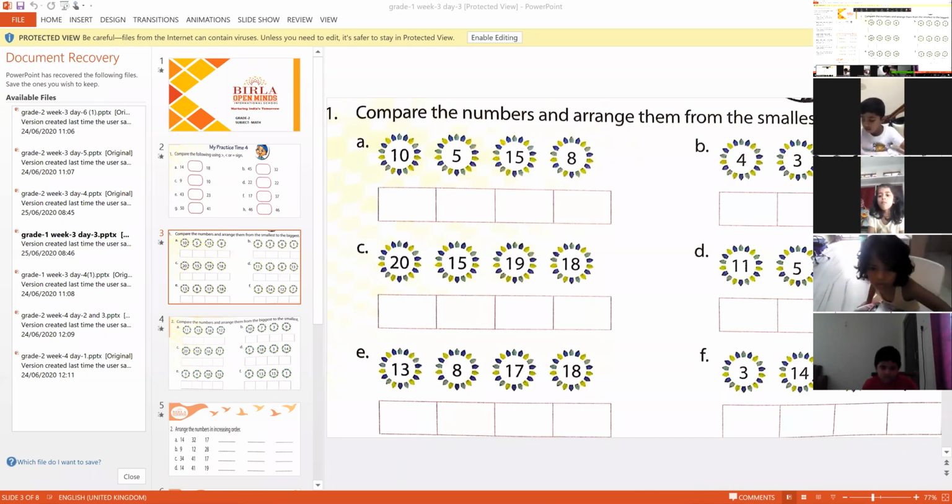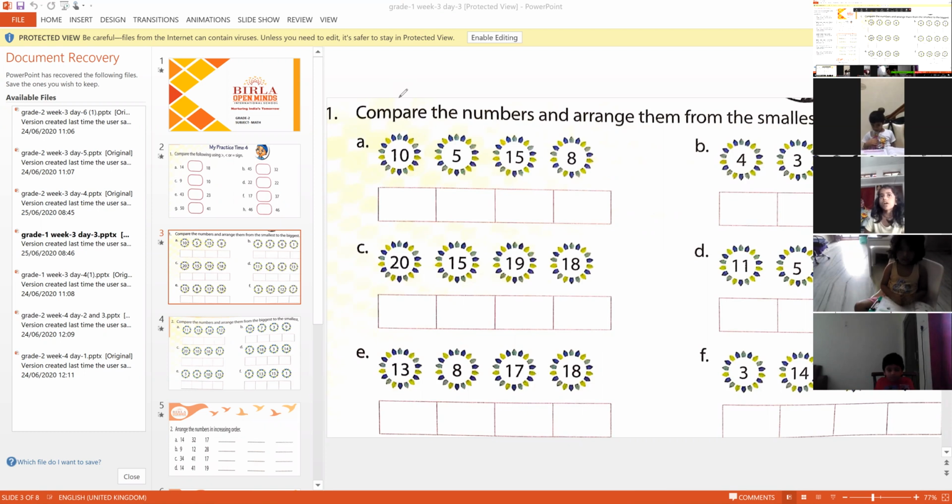Right, children? Yesterday we learned, and again I will repeat that, a two-digit number is always greater than a one-digit number. And if you have to compare two numbers having two digits, what do you have to do?